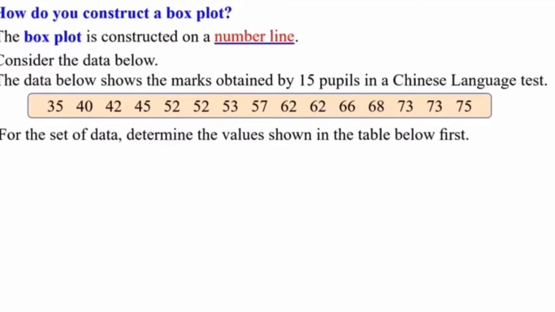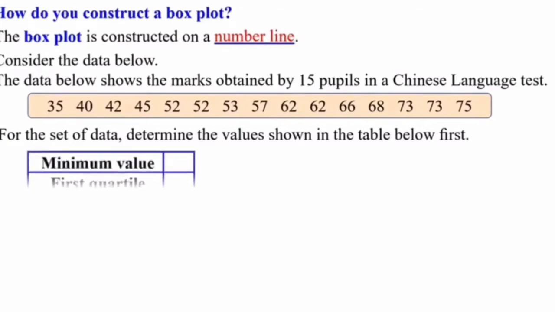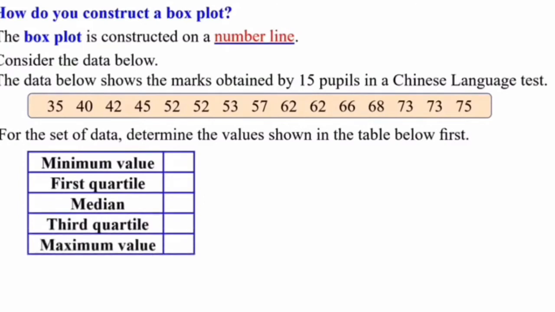For this set of data, you need to determine the values below. We label the values in the table. The minimum value is the lowest value, which is 35.